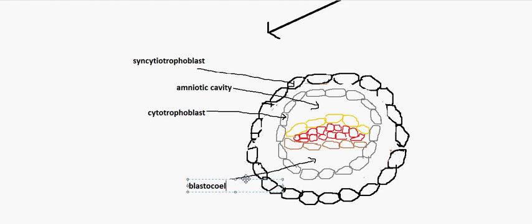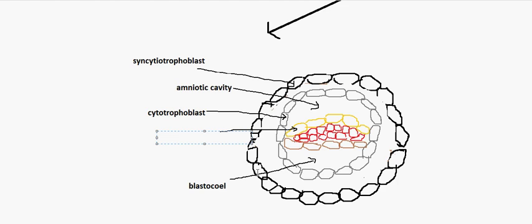And then the color coded area, that is the bilaminar disc, which has the epiblast layer, and at this point it is also called the trilaminar disc, because you can see 3 layers. Although there are many layers of the mesoderm, they are considered as 1 layer only. This will later develop into the ectoderm, so let me write ectoderm. It is in the stage of conversion between the epiblast cells and the ectoderm.